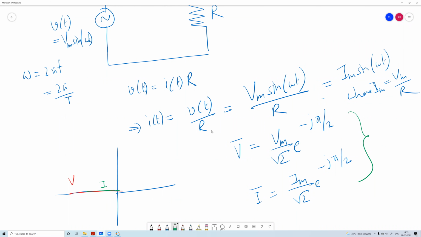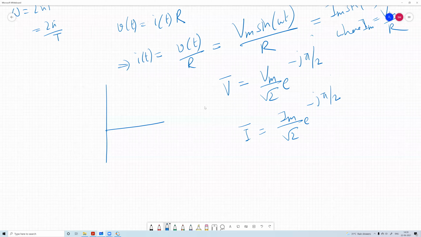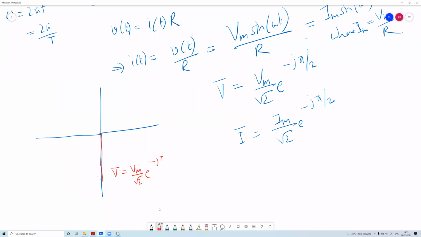Oh, sorry. This will be like this. Had I taken cos, it would have been much easier, but okay. This is my V phasor. This is my Vm by root 2 e to the power of minus j pi by 2.